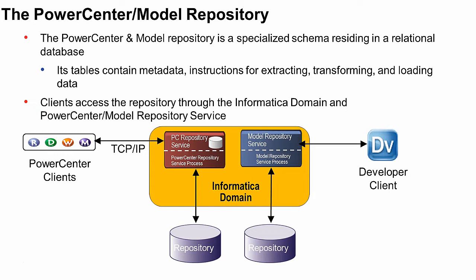And then on the right, we have the model repository service. Again, the same concept applies. It manages the process of fetching, inserting, updating, and storing metadata, understanding how it's moving data, or how it's going to extract data from a source to a target. It performs all the metadata transactions between the repository database and the repository clients.